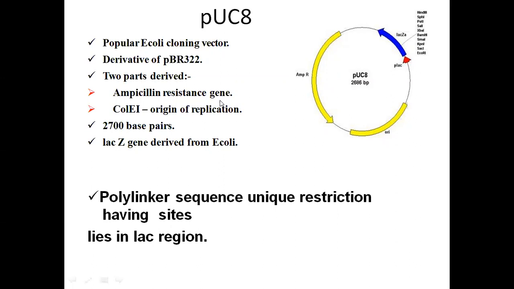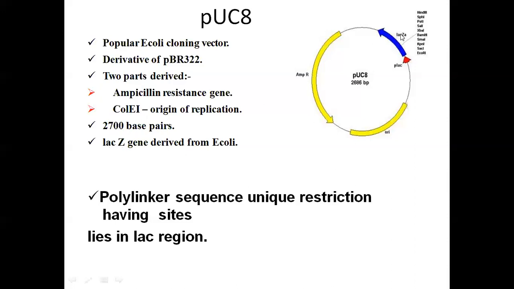The basic feature of this vector is that the total genome size is 2686 bp. So that means it's a very small size, and the lacZ gene is also present.